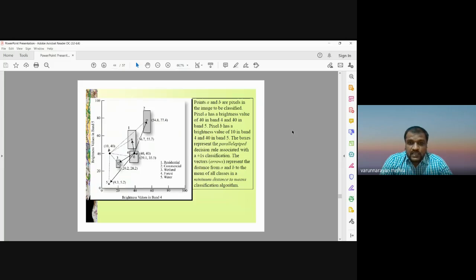The points A and B are the pixels in the image to be classified. Pixel A has a brightness value of 40 in band 4 and 40 in band 5, and pixel B has a brightness value of 10 in band 4 and 40 in band 5. The boxes represent the parallelepiped decision rule associated with a mean plus or minus 1S classification. The vectors represent the distance from A and B to the mean of all classes in a minimum distance to the mean classification algorithm.